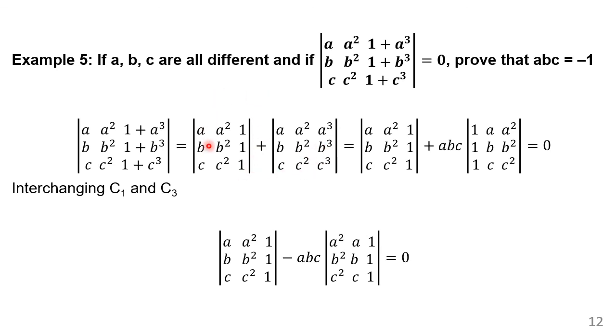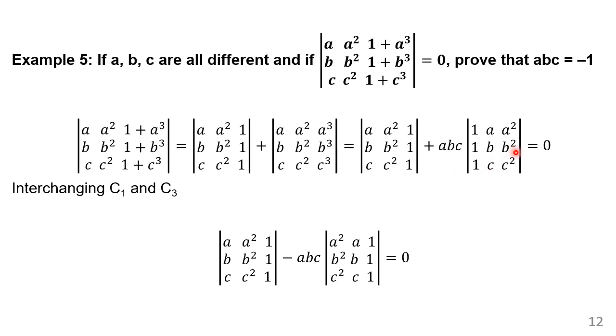We retain the first determinant as it is, and in the second one the common factor is A in the first row, which is taken out. In the second row it is B, and in the third row it is C. So it is ABC times the determinant of 1, A, A square; 1, B, B square; 1, C, C square. The entire thing is equated to 0.